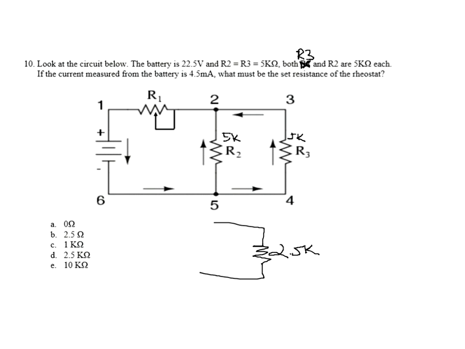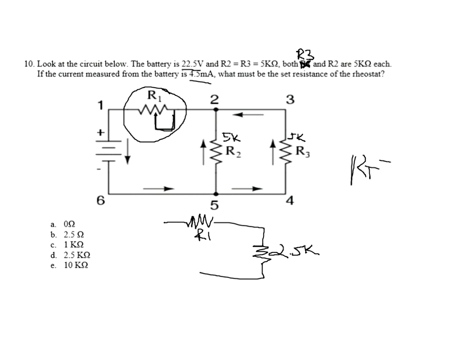Okay. And here we have to find out what is the value of R1. That's that potentiometer. Look, you can recognize it as a potentiometer. Got that loop on right here. So what is the setting for R1? Well, we know that the current is 4.5 milliamps and the total voltage is 22.5. So let's find RT.